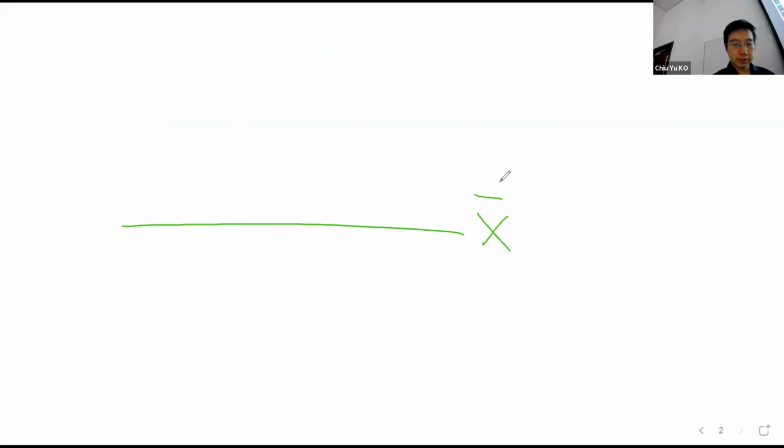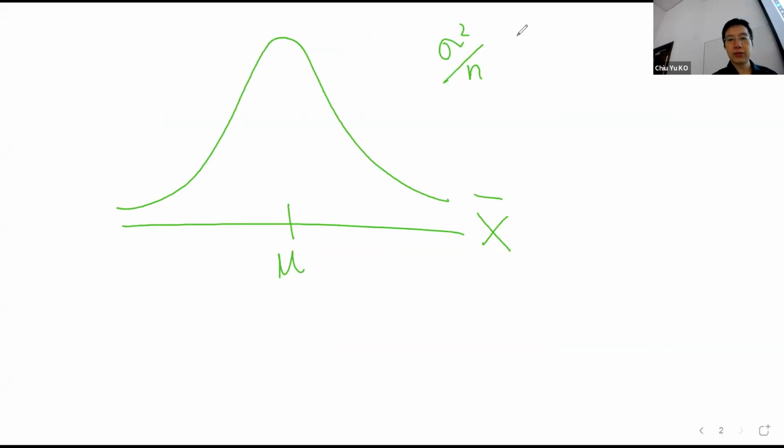X bar has a distribution of mean mu, a bell there. And we have sigma square over n. Remember, it's not sigma square, but sigma square over n, because depending on n, the shape changes. That's what the central limit theorem tells us. Let me write that down to emphasize CLT.